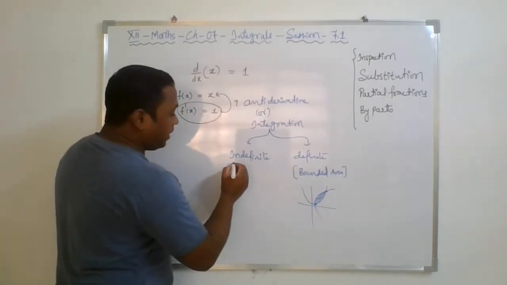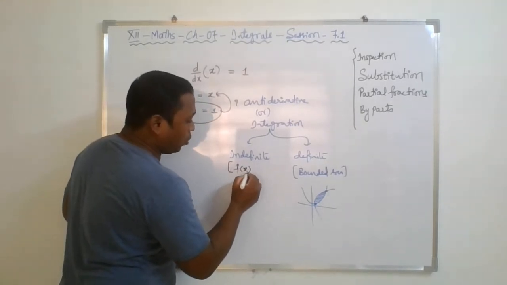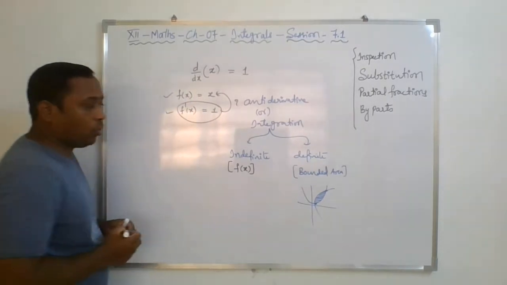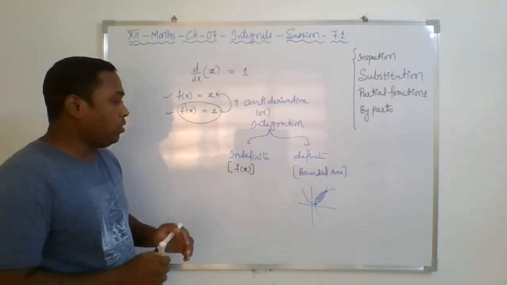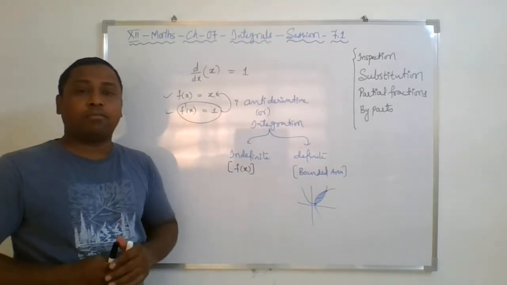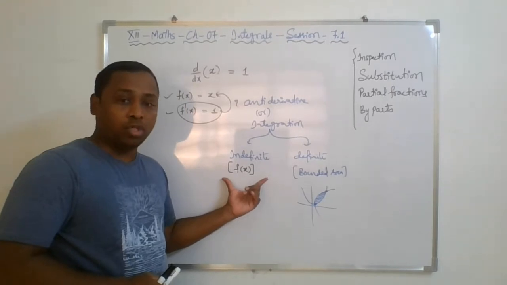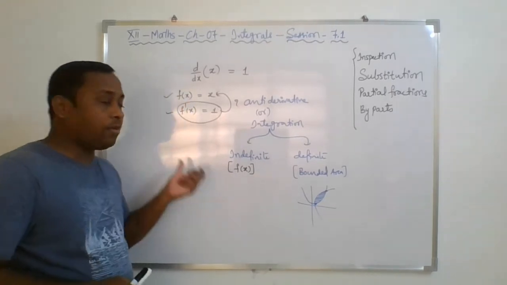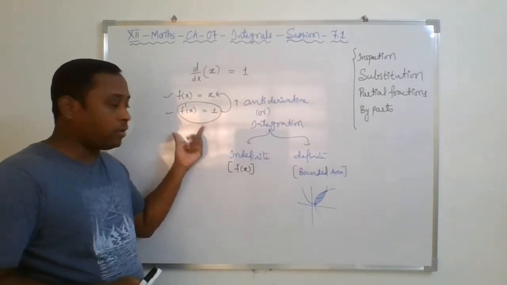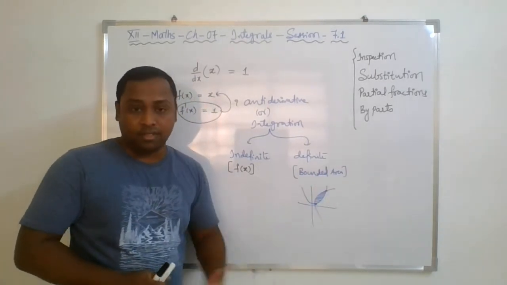And the indefinite integral is used to find the parent function, that is the original function. So integrals serve two different purposes. One is to find the original function when you are given the derivative of that function. Second is to find the bounded region.